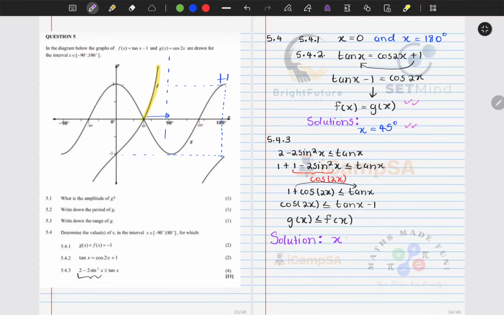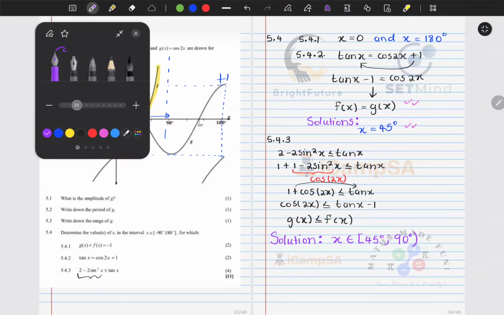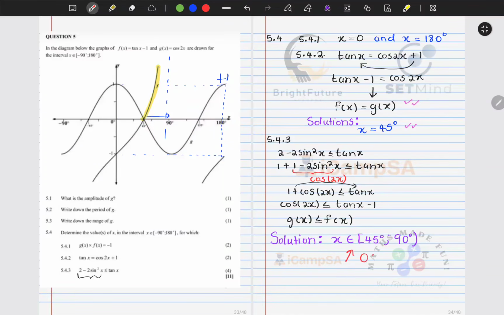So we have greater than or equal to, so it will be x is an element from 45 degrees up until 90 degrees, but we must exclude the 90. Okay, and that becomes our answer. Our graph g would be at the bottom, the other one would be at the top. Okay, hope you guys understand. This one here becomes our good answer that should make you smile.